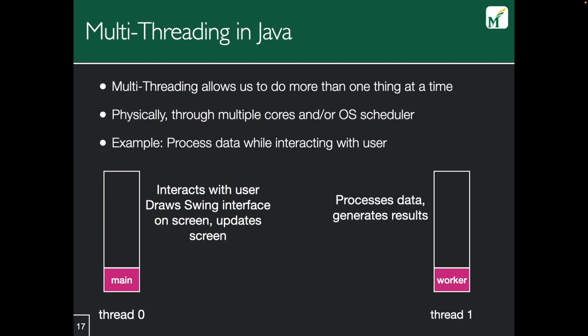Then in the background, somebody clicks on a button and you need to actually process some information. That's handled by one of these threads. So you have some processing going on in the background, doing that computation. It sends that result back to the main thread, and the main thread will display that on the UI screen.